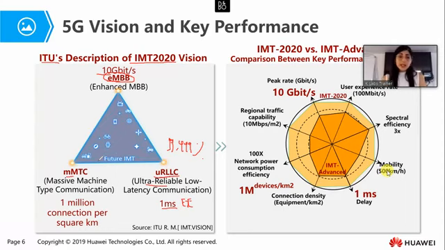With technologies that we have up to now, like for example, the narrowband IoT, we are able to reach 10,000 connections per square kilometer. But the trend for the future is that the number of connections between devices is going to increase exponentially. So with massive machine type communication in the 5G network, we will be able to reach 1 million connections per square kilometer.